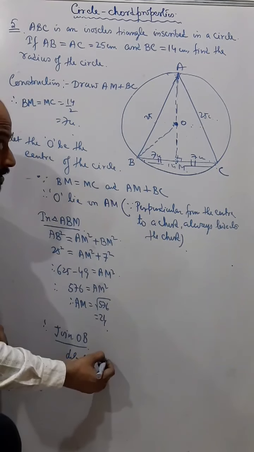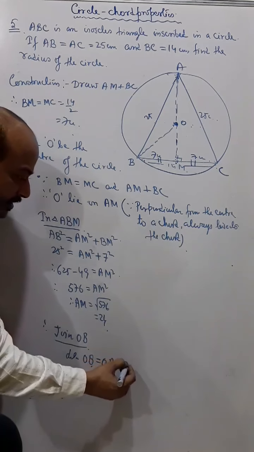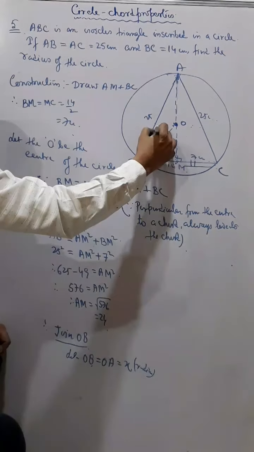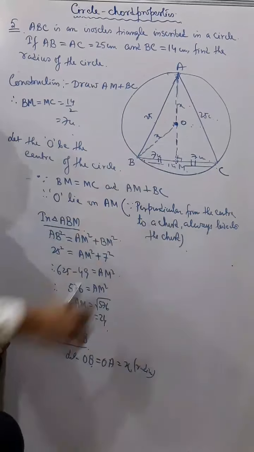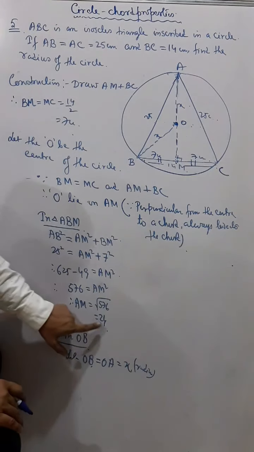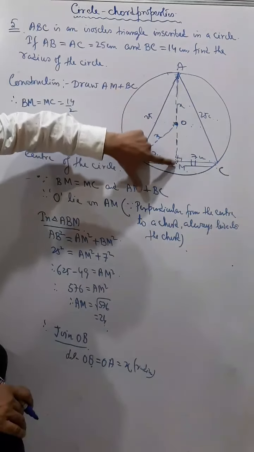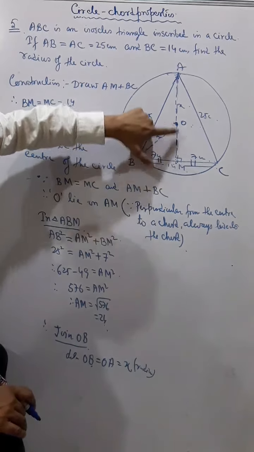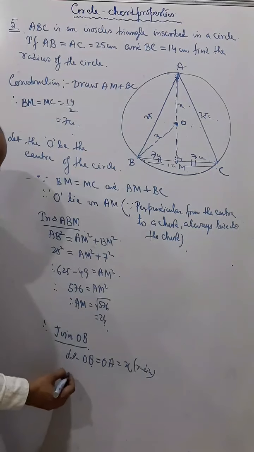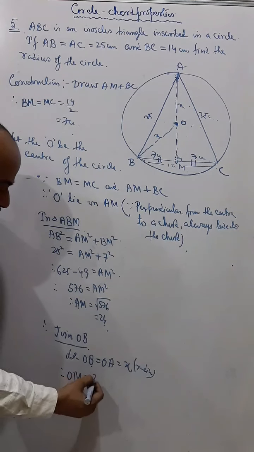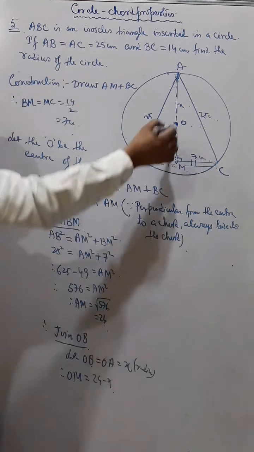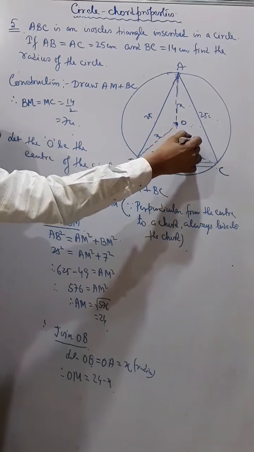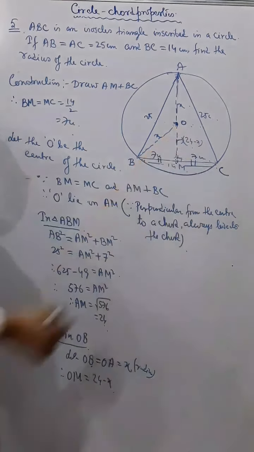Let OB equal OA equal x, and we are taking this as the radius. So this is x and this is x. We got AM as 24. So from here we can say OM is equal to 24 minus x.